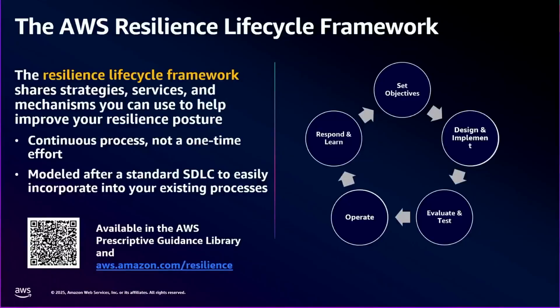And to help answer this, we developed something called the Resilience Lifecycle Framework. We developed this based on many years of working with customers, but also learnings from AWS building and running highly resilient services. The lifecycle framework has 5 stages, but you can enter into any stage depending on where you are in building your application.